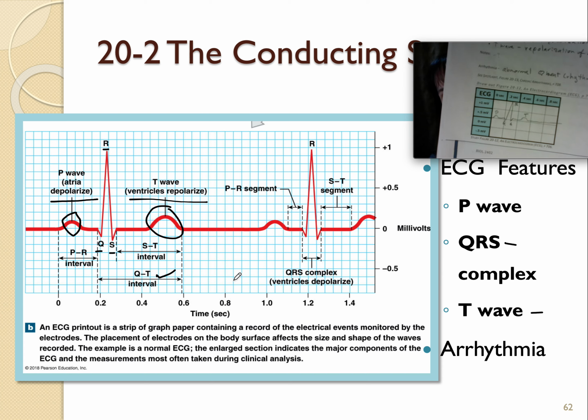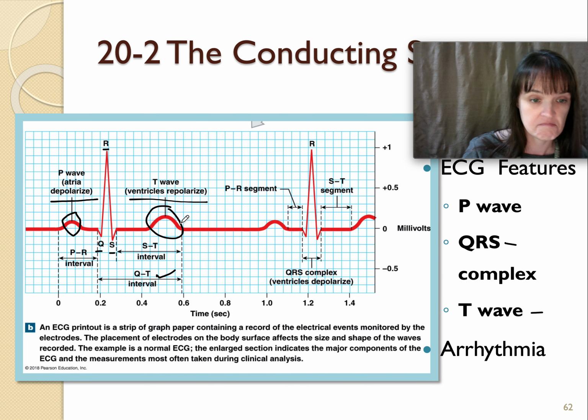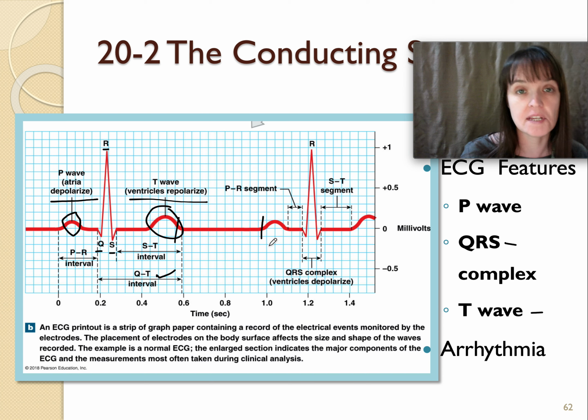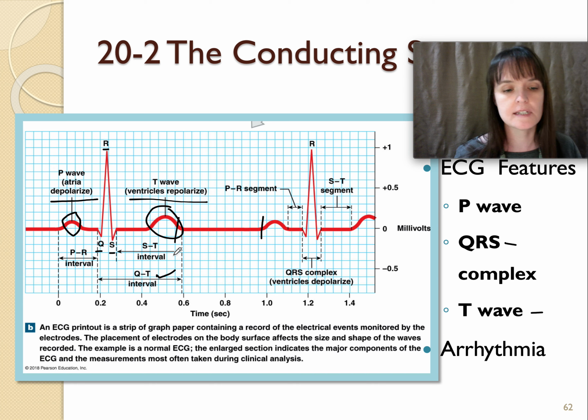And the second half of the heartbeat, you're just hanging out. So all of the action is in the first half of the heartbeat at a standard resting heart rate. So we will come back to that.